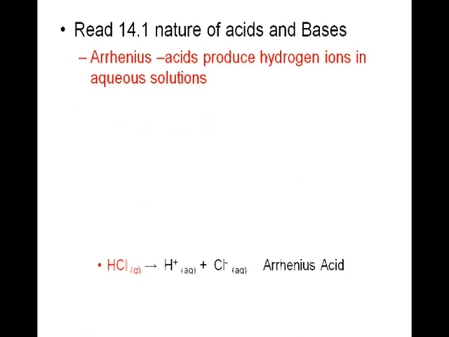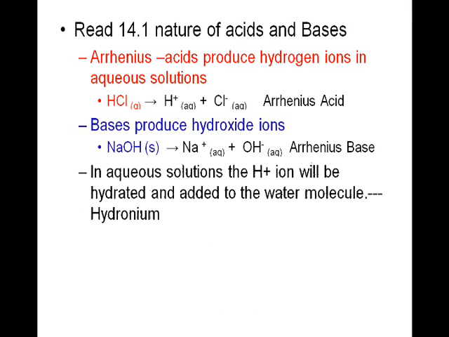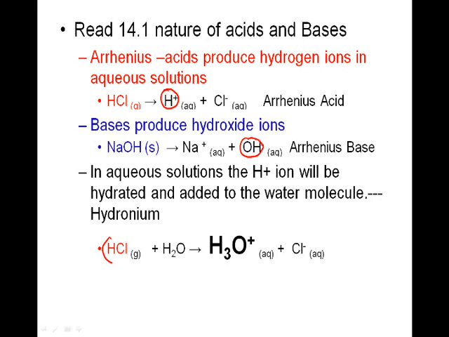So there are several definitions of acids and bases, and this is the oldest one: acids produce hydrogen ions in solution and bases produce hydroxide ions in solution. Keep in mind that even though we don't often draw this, what's really happening when we say we produce hydrogen ions in solution is that the hydrogen ions are combining with water and making this hydronium ion.